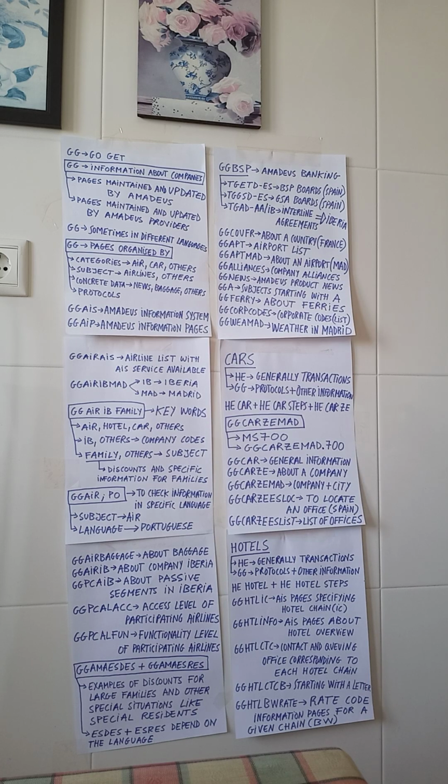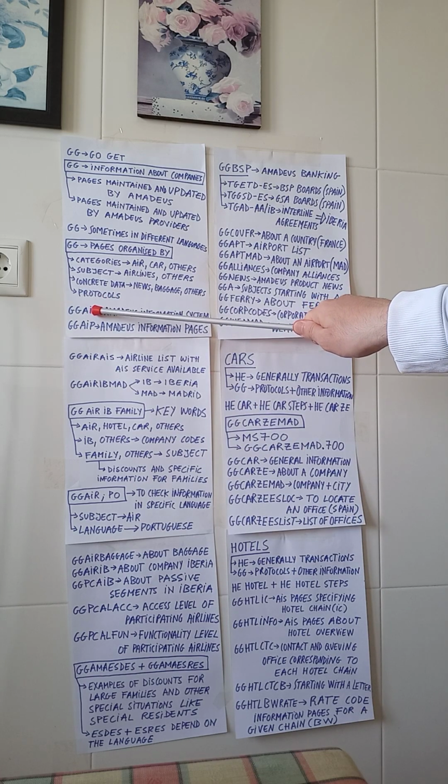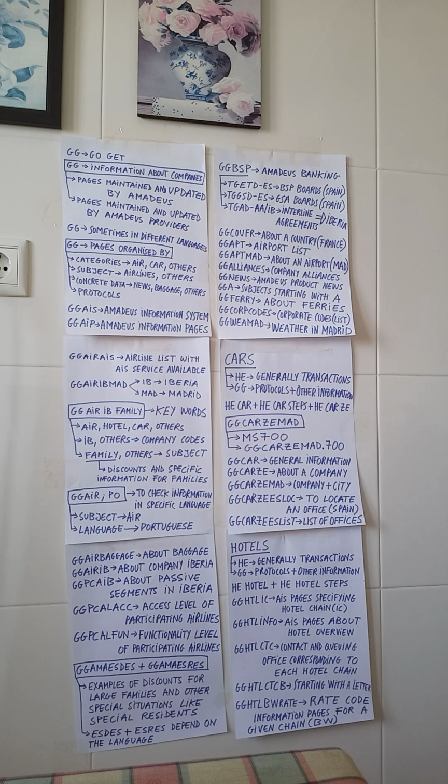There are two groups of GG pages which are similar but should not be confused. This one and this one. The GG AIS pages, this one, refer to the Amadeus Information System.